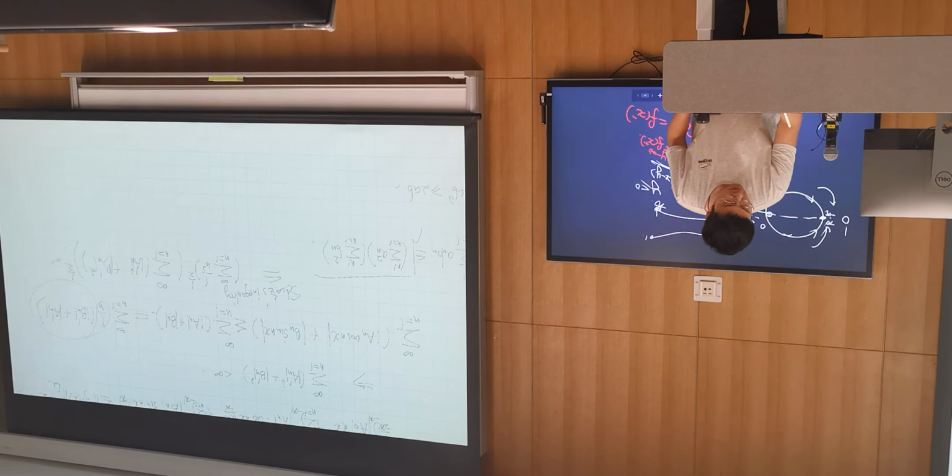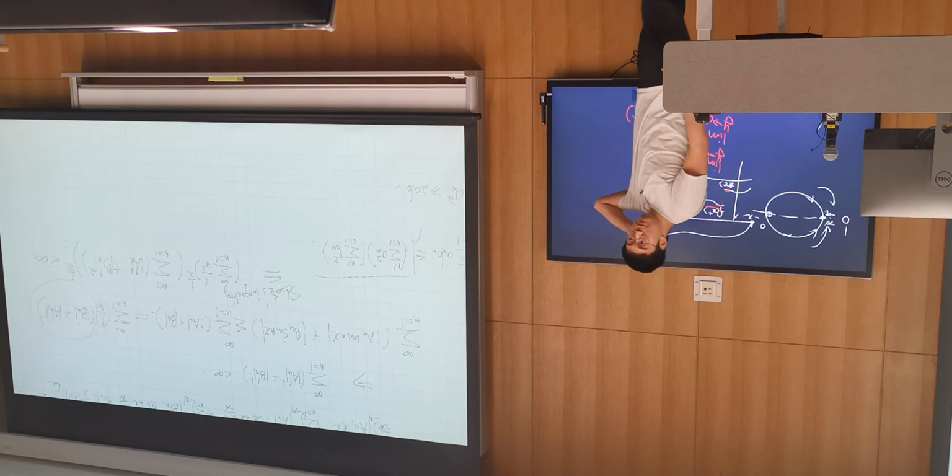Okay, this is smaller than infinity. Why is this smaller than infinity?